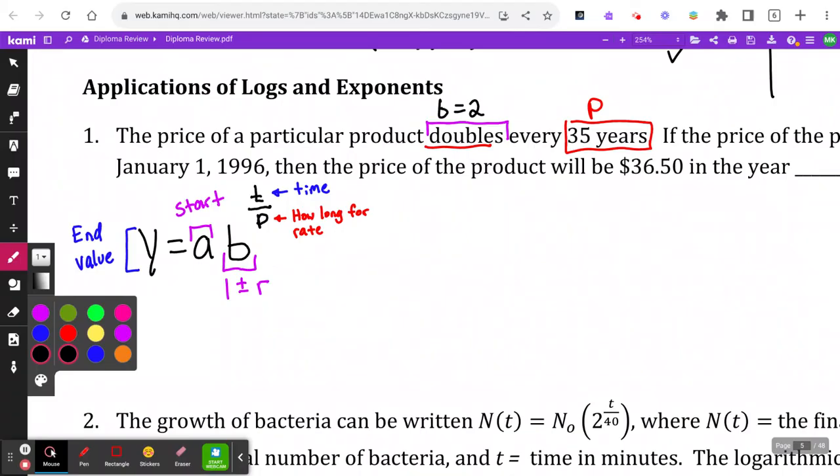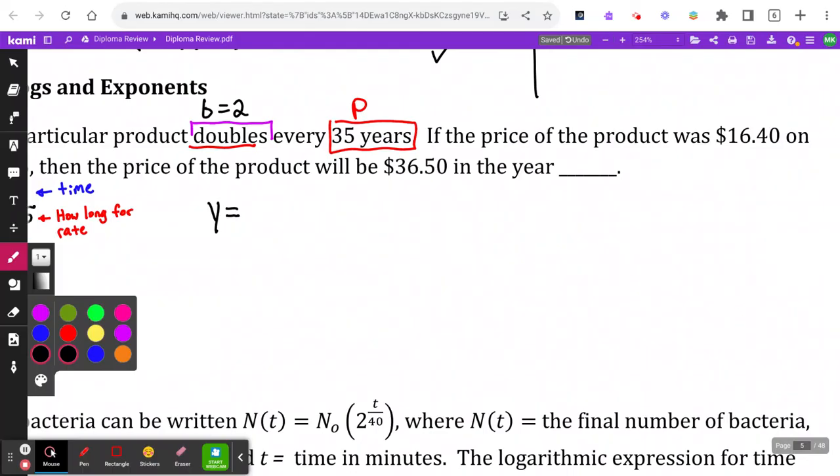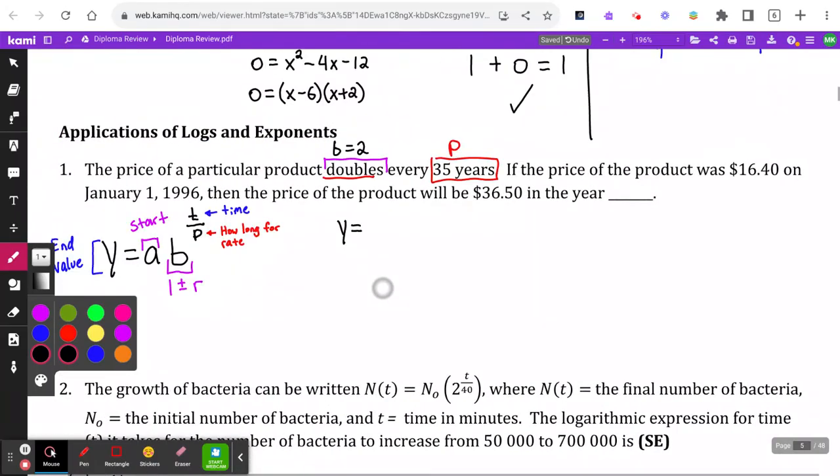My equation is y equals the starting value, 1640, times b, which is doubling, to the power of time, which we don't know, divided by 35. This is just me building an equation. When I build an equation, I don't put values in for x and y. I'm just putting values in for a, b, and p.